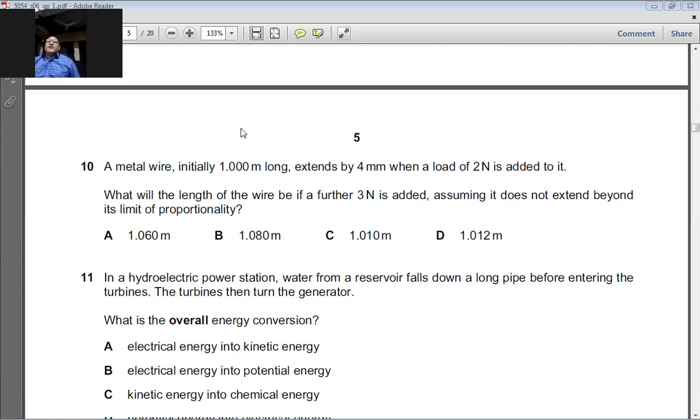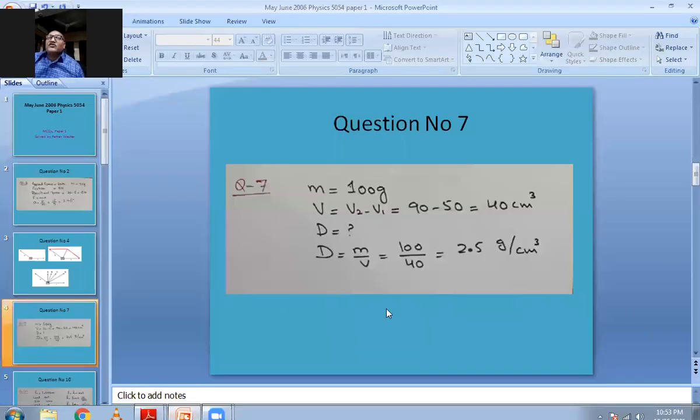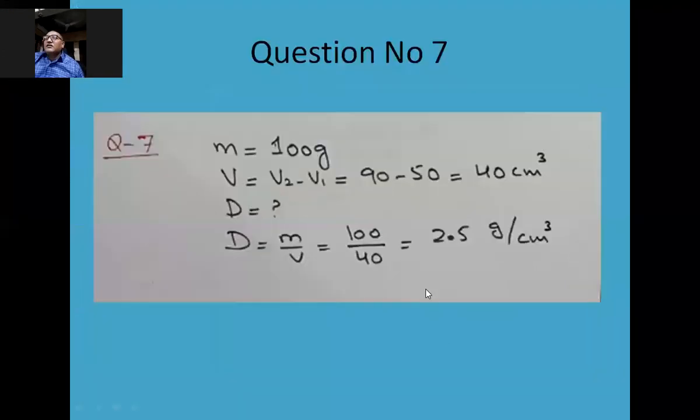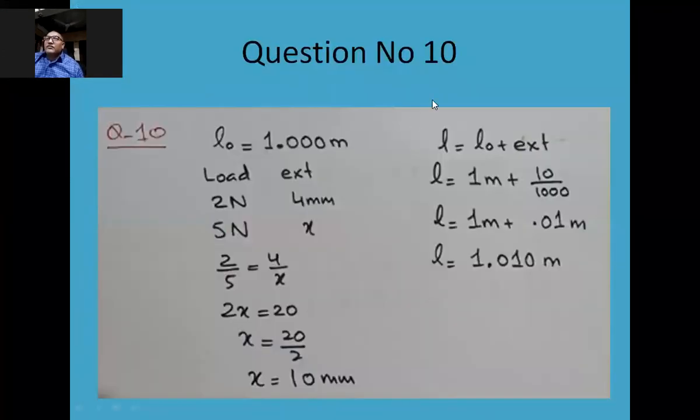Okay. So first of all, I will find out what the extension will be, and then I will add that extension to the unstretched length, which is 1 meter. So let me show you how we do this. I've done this on a paper. Okay, so here we go. So the L naught is 1 meter.